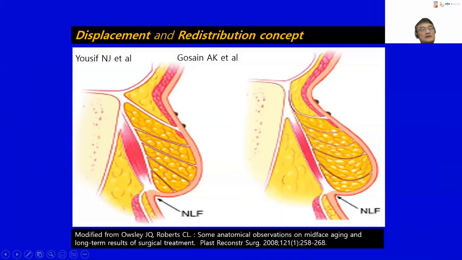The nasolabial fold is the most common complaint from patients. We have tried to improve this deep nasolabial fold, but we should understand the reason for it. One author suggests gravitational deflection, and another suggests reduction of prominence of the nasolabial fold, with decrease in the malar fat pad. So there are two concepts.